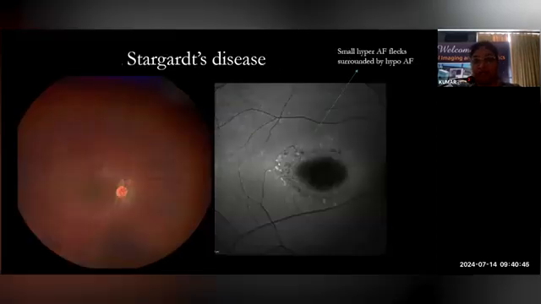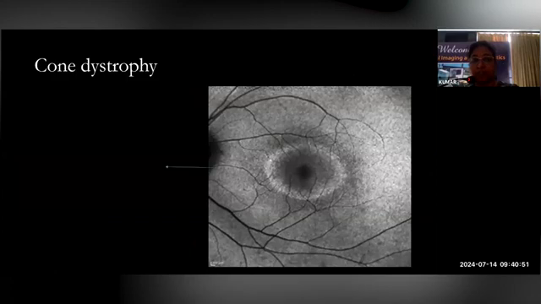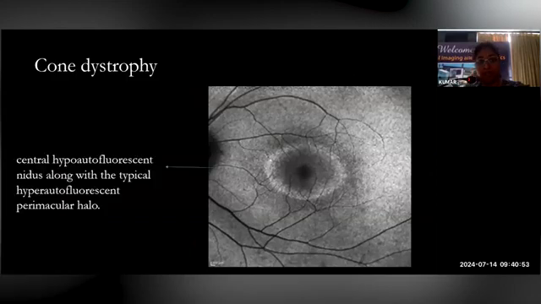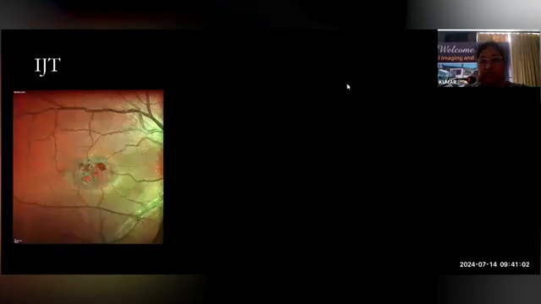In Stargardt's disease, we see small hyper-AF flecks surrounded by hypo-AF areas. Cone dystrophy is another interesting disease wherein a central hypoautofluorescent nidus is seen along with the typical hyperautofluorescent perimacular halo. The IJT that we commonly see shows scarred pigments or hyper-AF areas surrounded by the pigmented area.